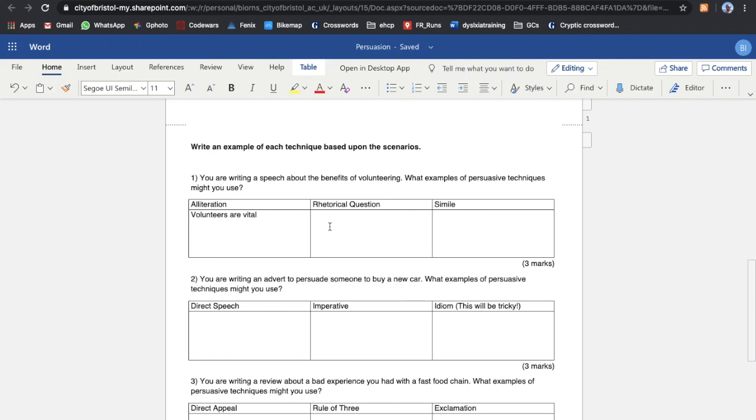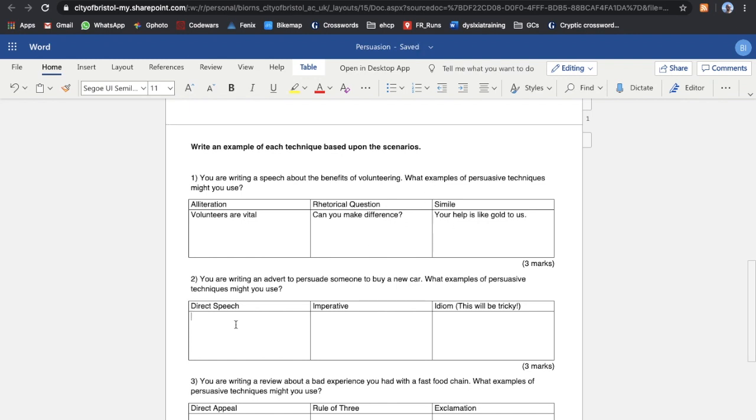For the rhetorical question, you might try and make somebody feel a bit guilty by saying something like, can you make a difference? And then for a simile, we need to make some sort of comparison. So we might say, your help is like gold to us.